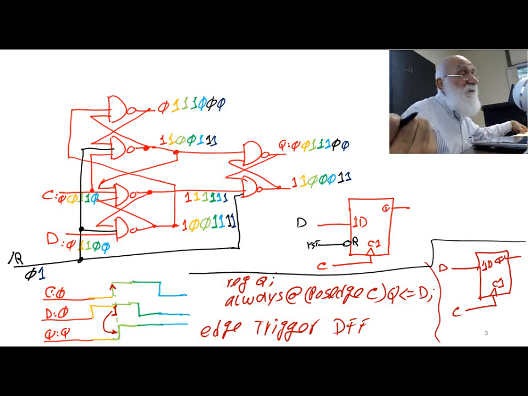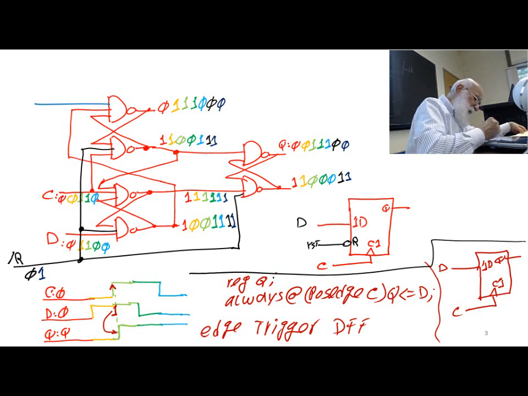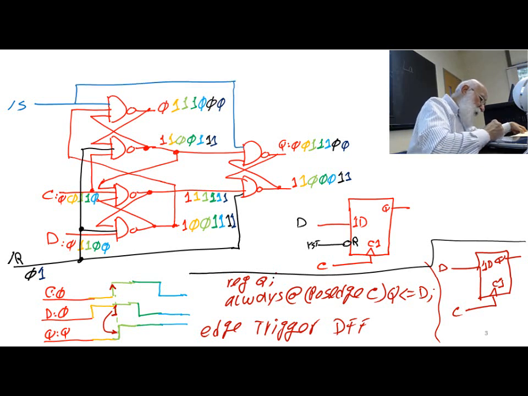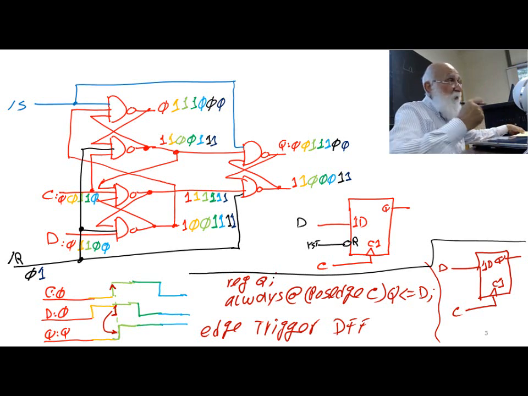But before that, some flip-flops also require a set input, and then I can do a similar thing for the set input. For setting it, I bring in my active low set to this gate, and active low set also to this gate.